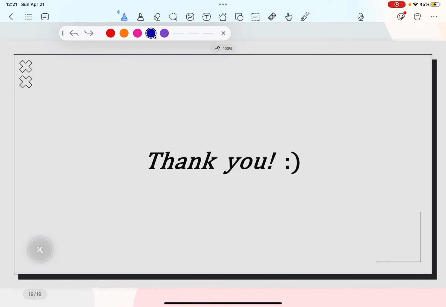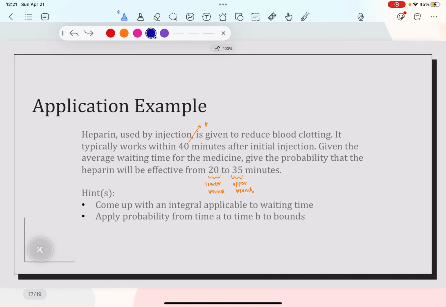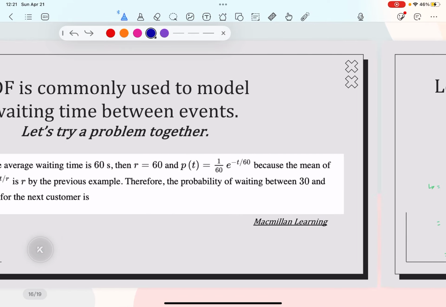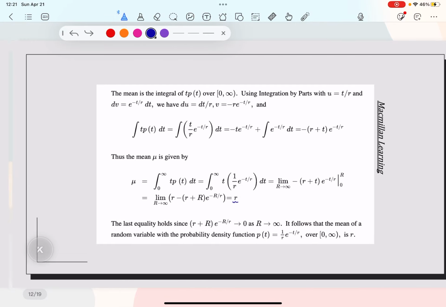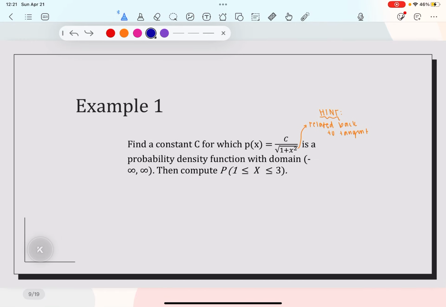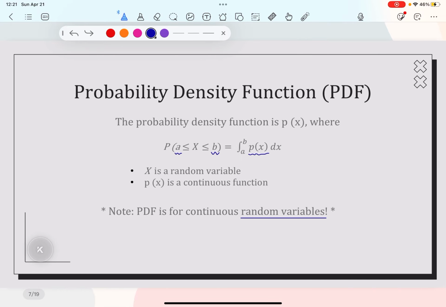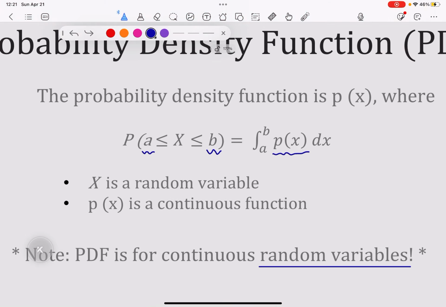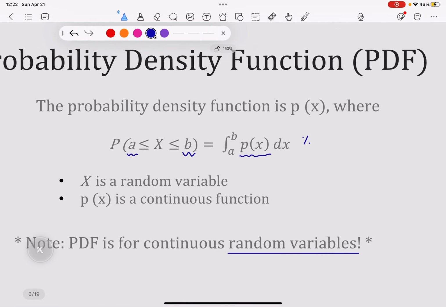So basically, to recap what we did, if you get dizzy, don't look at this. We're just going to go back. So we learned about the probability density function and how we're typically given a lower and upper bound, and we're told to solve for the percent or the probability that such an event will happen.